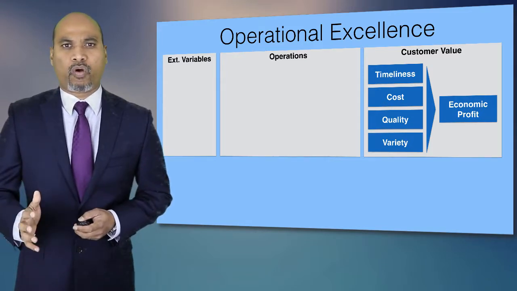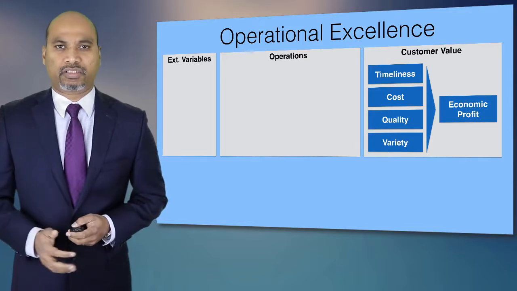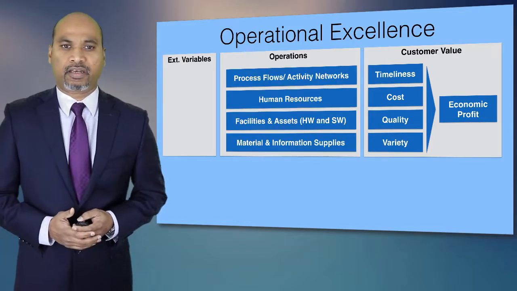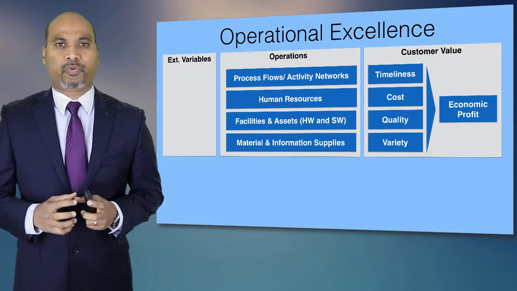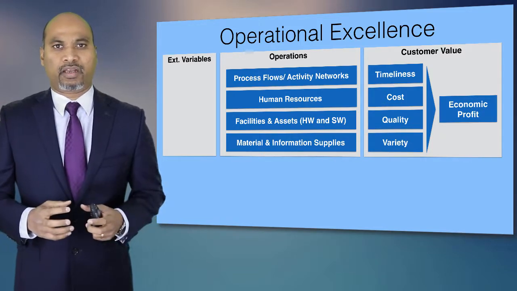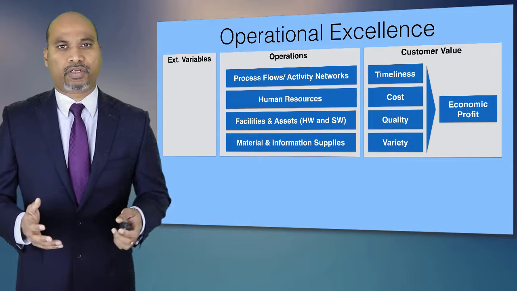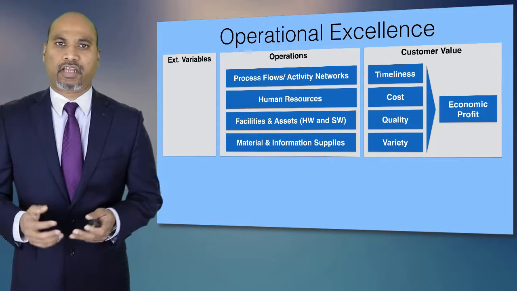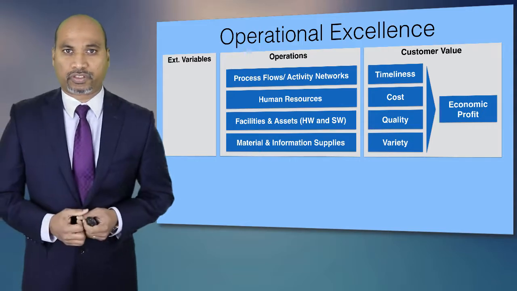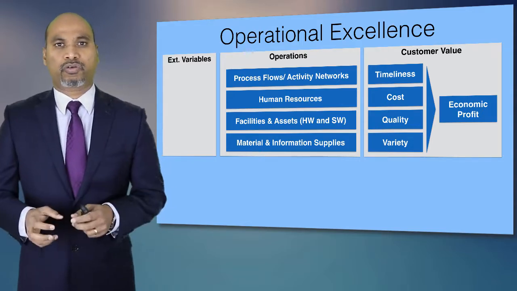Now, to deliver what is supposed to be done according to the operations strategy, we have to organize our operations in a certain manner. And the building blocks of the operations are obviously the process flows and the activity networks that exist within the operations. Also, the human resources.